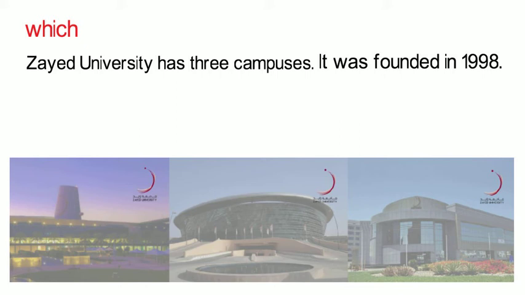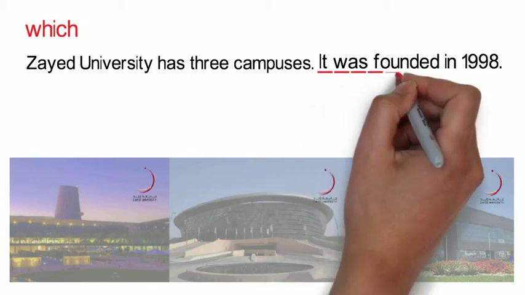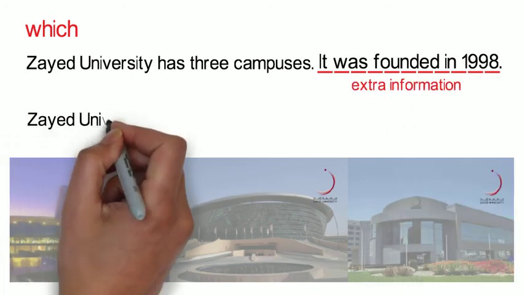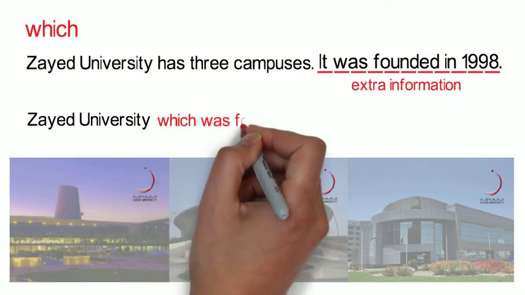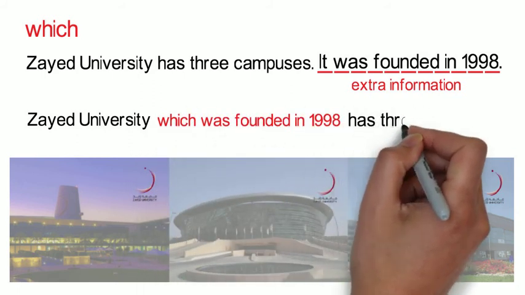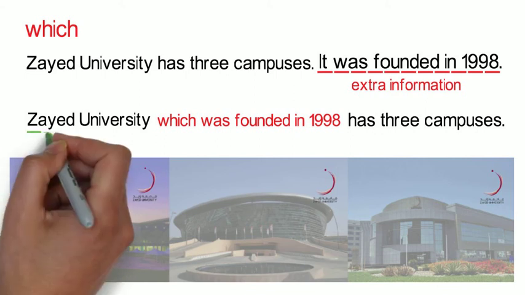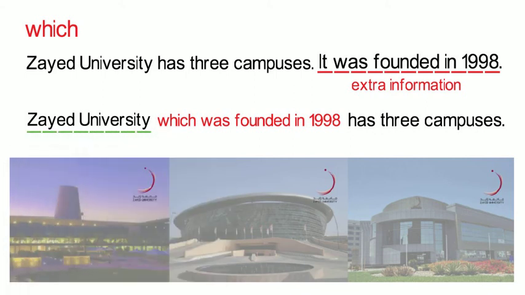It is easy to understand. Zayed University has 3 campuses. But what if I want to add extra information about when it was established? We would then say or write, Zayed University, which was founded in 1998, has 3 campuses. Which was founded in 1998 goes after the noun Zayed University, because that is the information being referred to. Remember to use the commas.